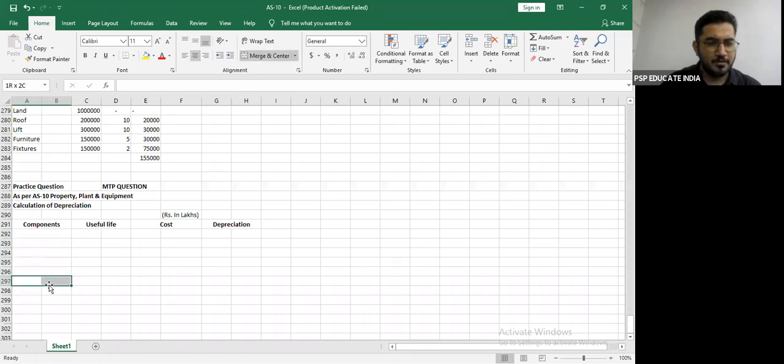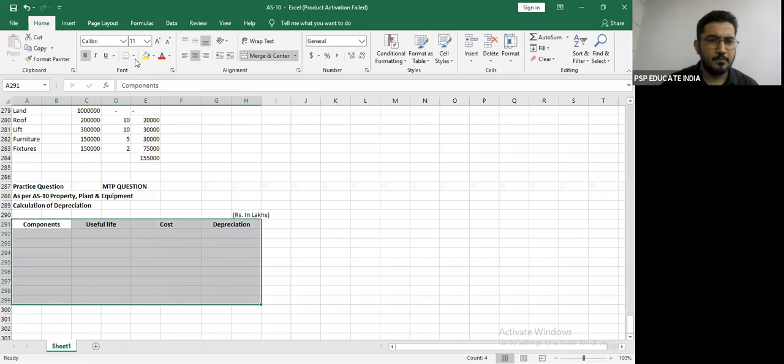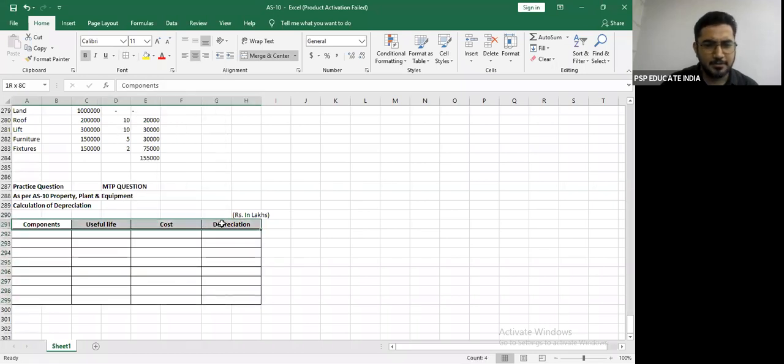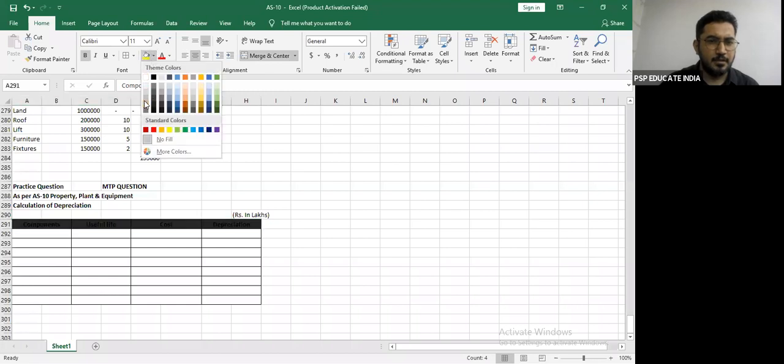Prepare a systematic format. And let's see what is given in the question.